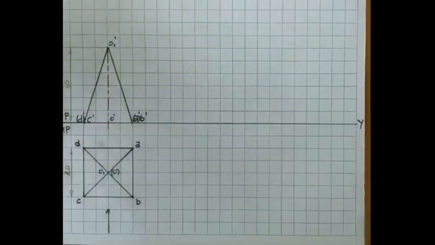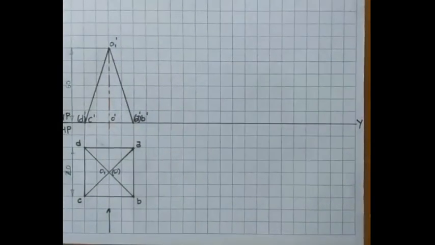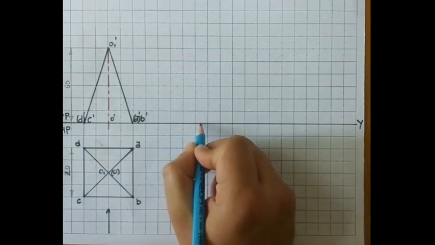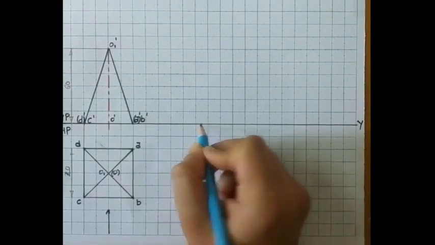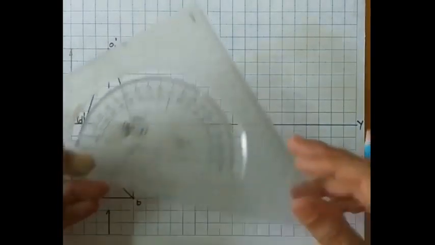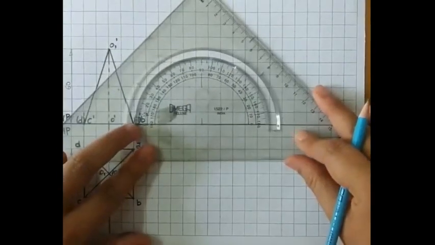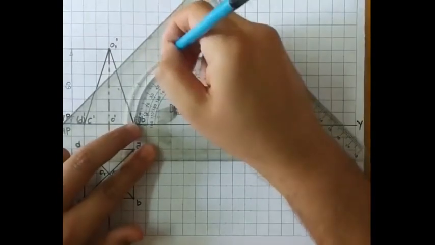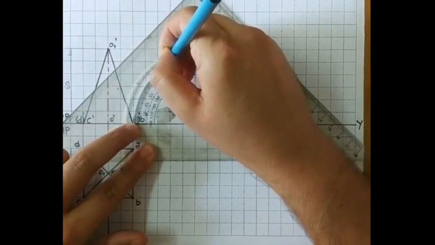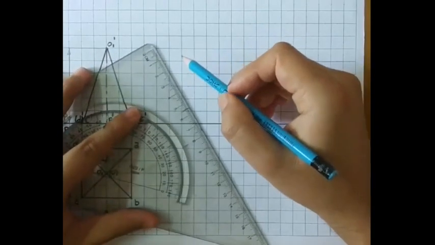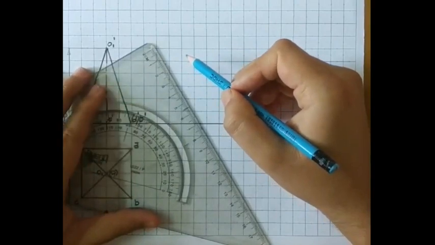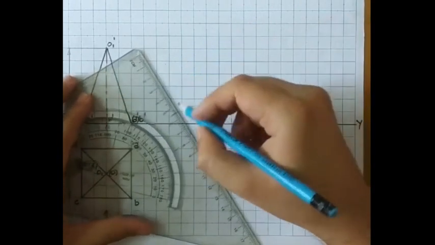So first I am going to draw the base. Base is making an angle of 60 degree. Since axis is inclined at 30.